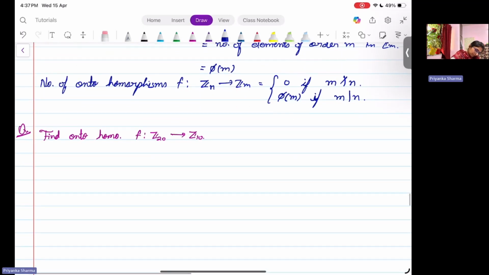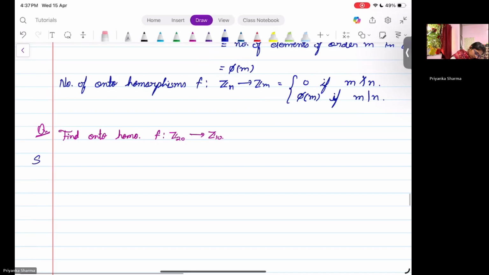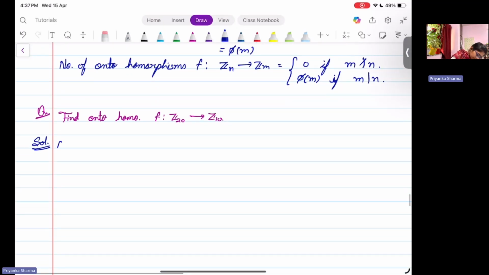Now, this is an example. We have these two groups, Z20 and Z10, and we need to find onto homomorphisms from Z20 to Z10. So what is the number of homomorphisms from Z20 to Z10?